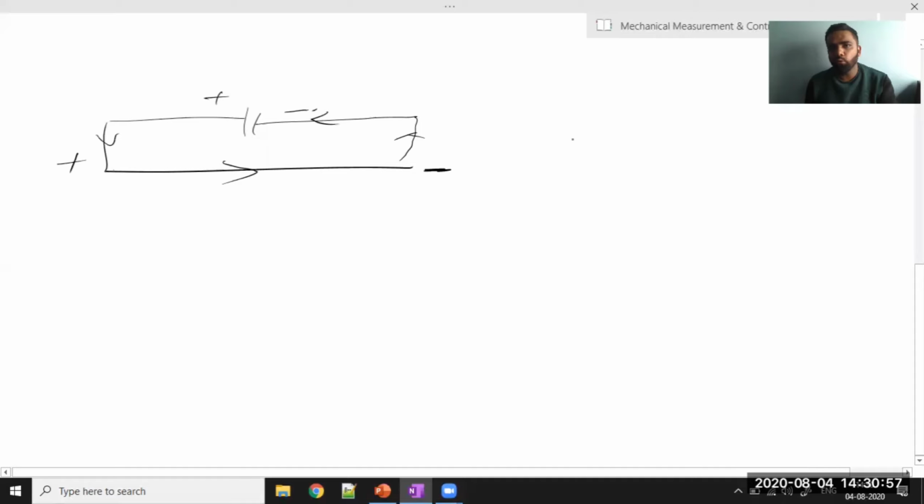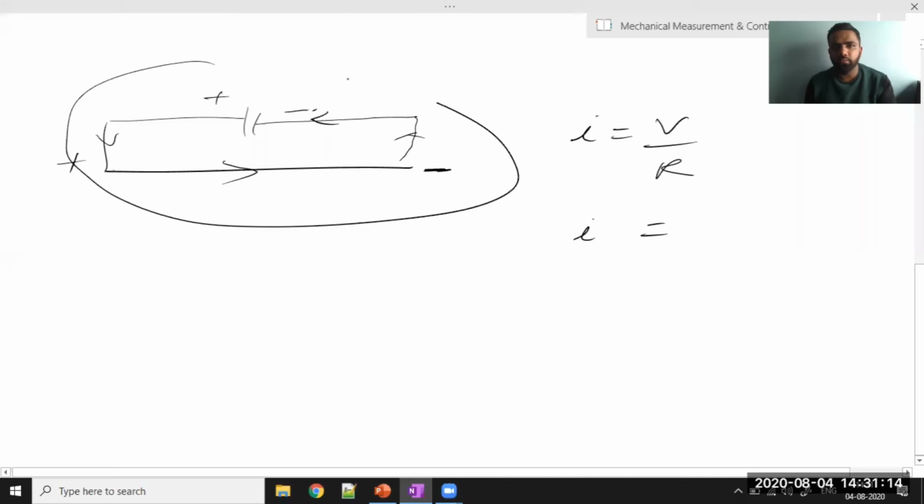Okay. Now we know that V is equal to IR, correct? So I will be equal to V by R. I hope you're getting I is equal to V by R. If I try to find the current for this system, this is EI. Okay.